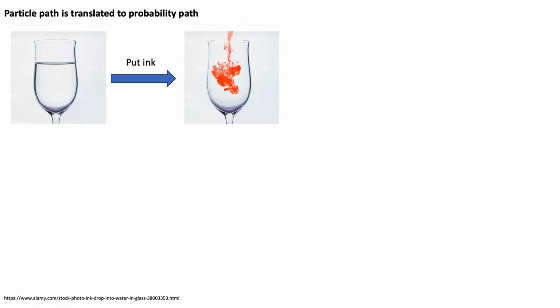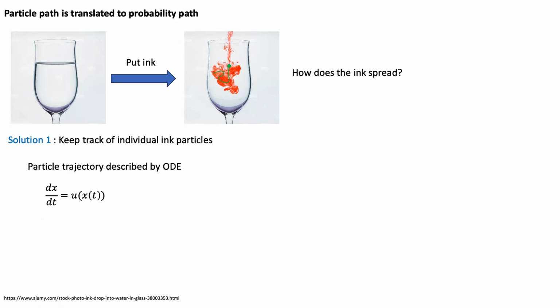There are two ways to describe this. First, you look at the individual molecules of the ink, like the green one, and keep track of the individual molecule. That means you follow the particle trajectory. It means that you follow the ODE like this. So you start with the initial data, the initial green circle, and you follow some ODE.